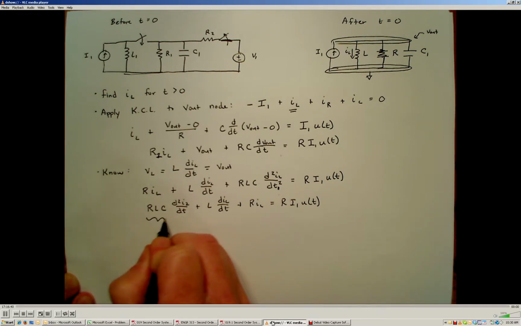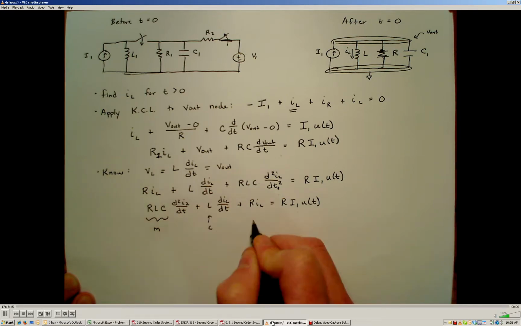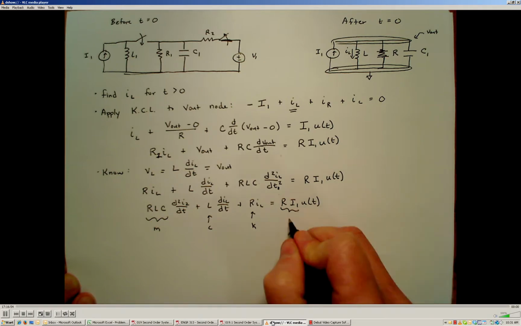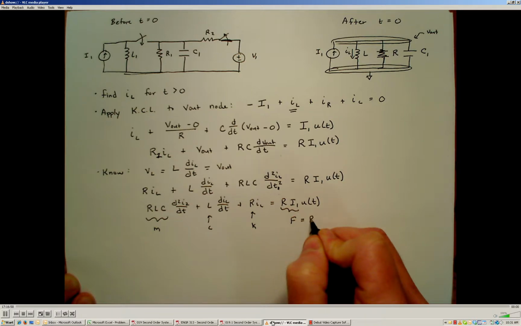So this becomes my inertia term, this becomes my damping coefficient, and this becomes my stiffness term. On the right-hand side of the equation, after time equals 0, this is my forcing function. And my forcing function is equal to R times I.